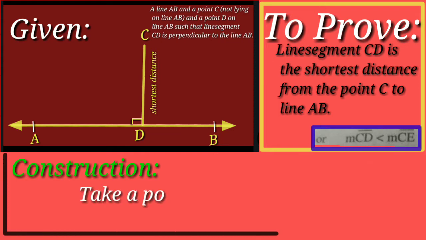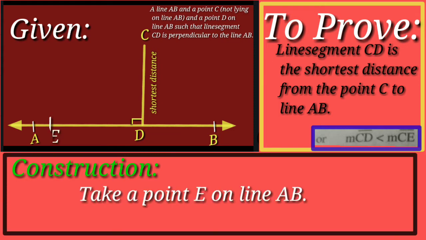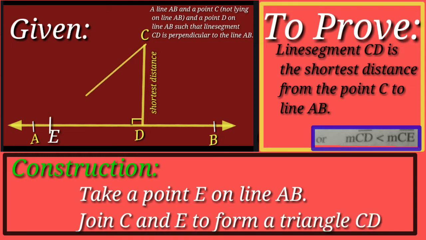In construction, take a point E on line AB, join C and E to form a triangle CDE, where CE is longer distance while CD is shorter distance, which we have to prove.